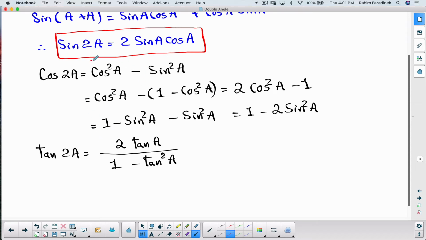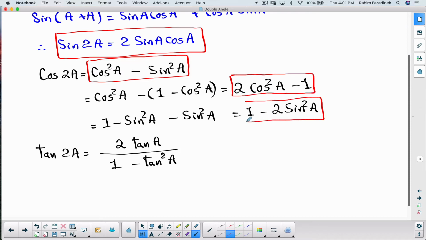Of course, for cosine, we have 3 of them. And for tangent of 2A, we only have this formula. Now let's look at some problems with these.